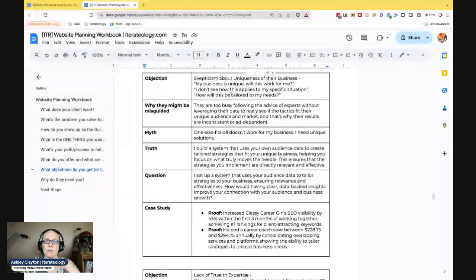So instead of saying the price is a problem, well, the price is never really the problem. Usually it's the perceived value of what you're doing. But that's a whole class on its own.